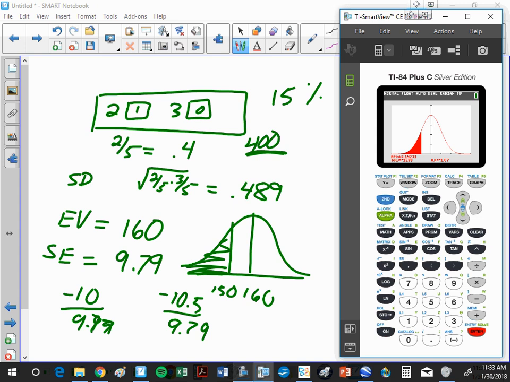Oh, it should be 9.5. You're right. Oops. That was the left bound. Thank you. So it should be 9.5. So 9.5 divided by 9.79, so 0.97.